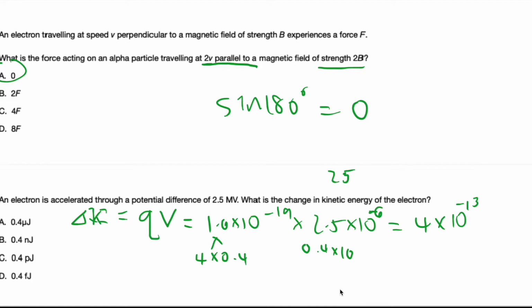Let me plug this into my calculator in case of any error. Oh, sorry, here is positive 6. I was misleading myself. So this is going to be equal to 0.4 times 10 to the power of negative 13. Right. So the answer must be C.